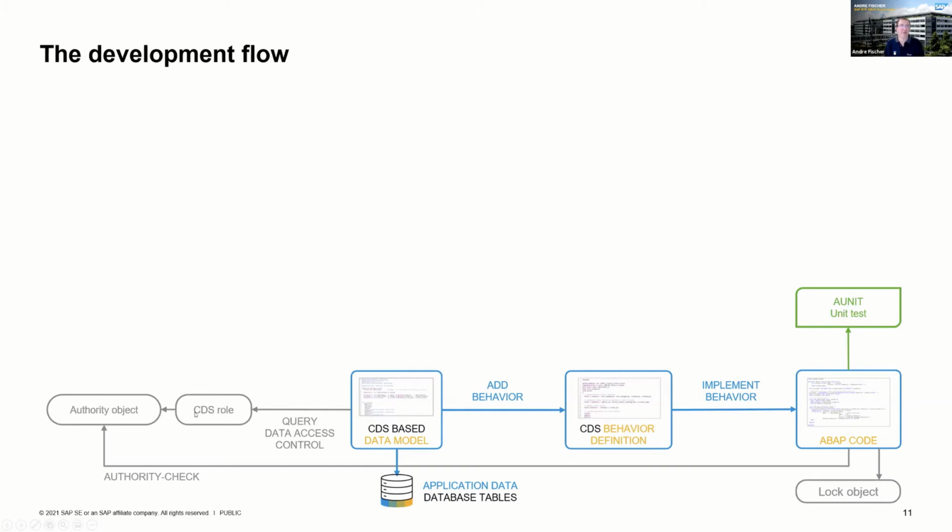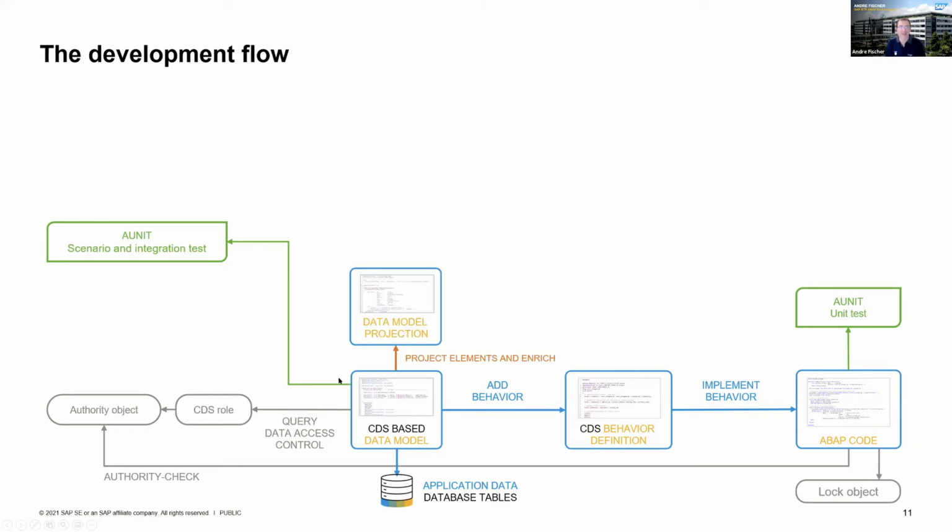You can do lots more. You can define roles that check with existing authority objects, so you can define who is allowed to read certain data. You can have unit tests on the ABAP code level or on the CDS level, and then you have this projection layer.